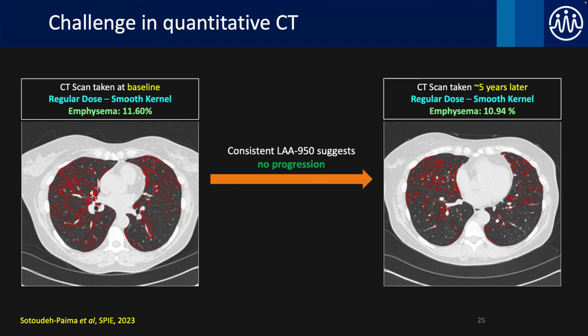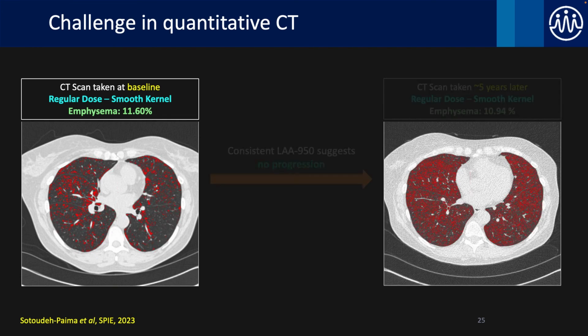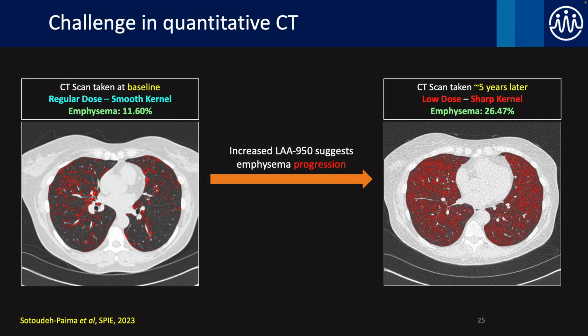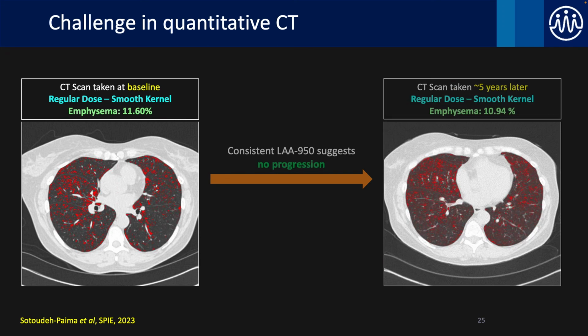So if I go back and forth, after 5 years, I have 2 acquisitions that give me 16 different percent results. So how do I decide that? How do I deal with this situation? And how can I use this quantitative data to reliably say whether this patient progressed or not?